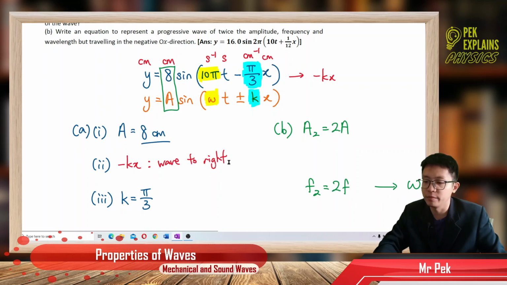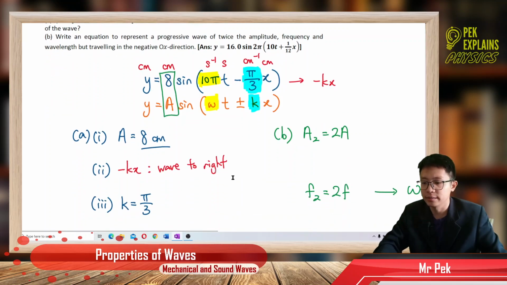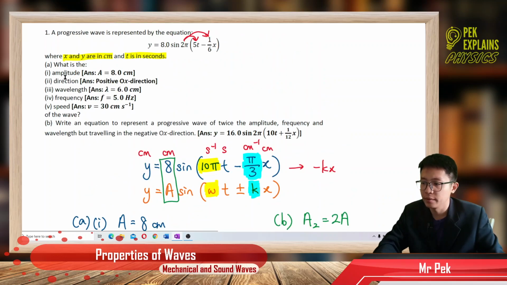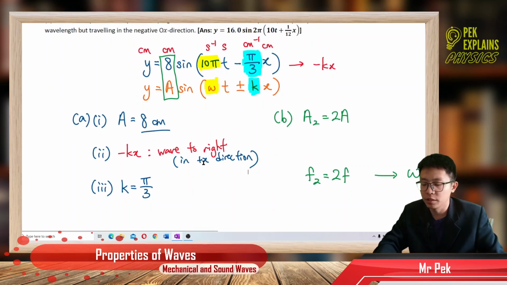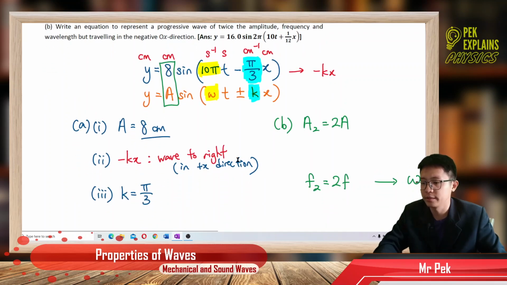Negative means wave moves to the right, in the positive x direction. So the answer is in the positive x direction, which is the same meaning as to the right.